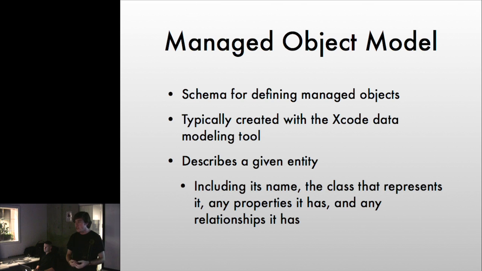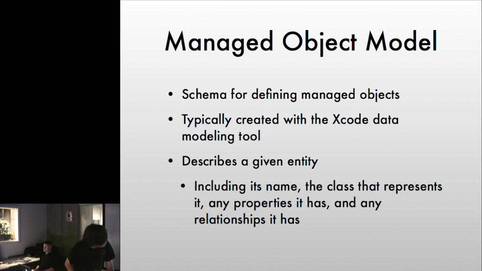But the idea is that it describes all the entities that are in your application. Things like the name of the entity, the underlying class that it uses when it actually makes one of those objects, any properties it might have, and any relationships it might have to any other objects, you know, the parent-child sort of relationships, or those kinds of things.